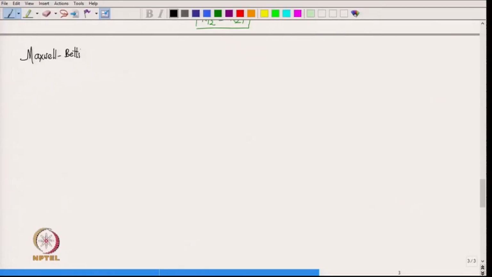Okay, let us work out another interesting relationship, that is called Maxwell Beatty Rayleigh reciprocal theorem. Okay. What we worked out just now was reciprocal relation. Now, we will work out what is called reciprocal theorem.